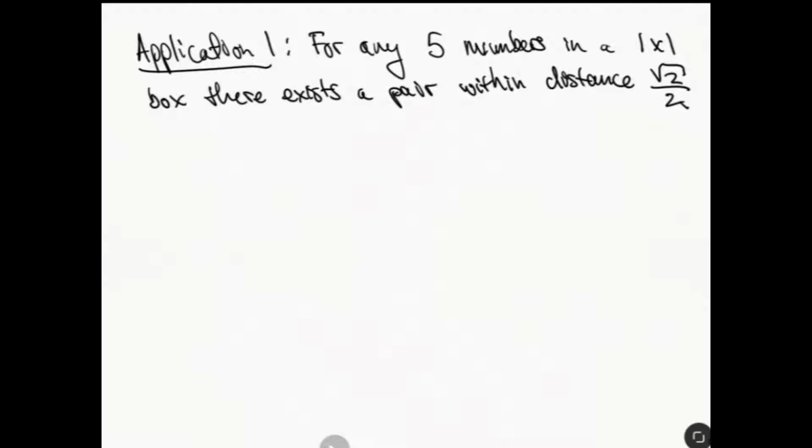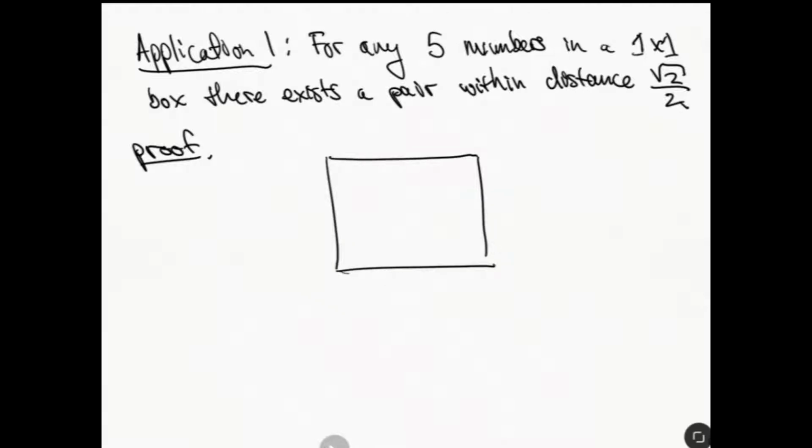Okay, so here's the proof. The name of the game with all these proofs is that we divide the problem into pigeons and holes. So the pigeons are the numbers. Let me draw the box here. Here's the starting point, this is the point 0, 0, and this is the point 1, 0.